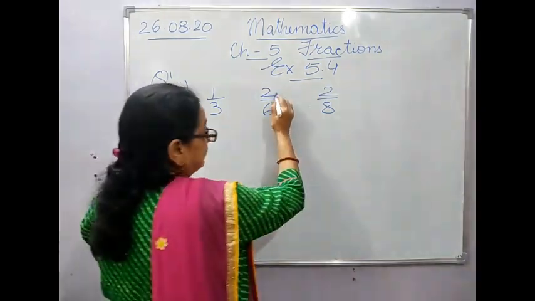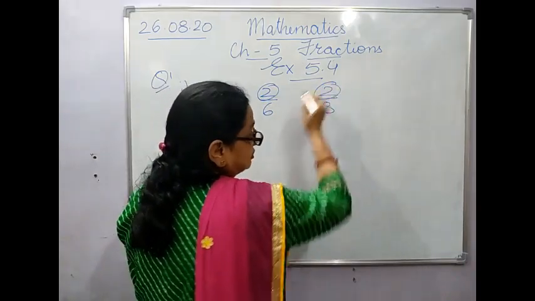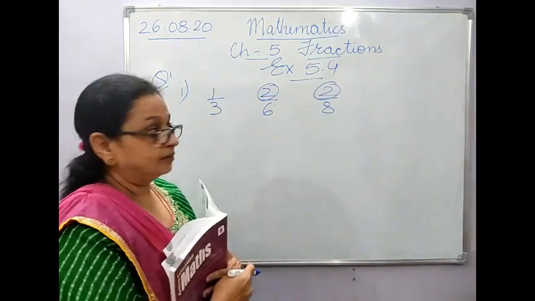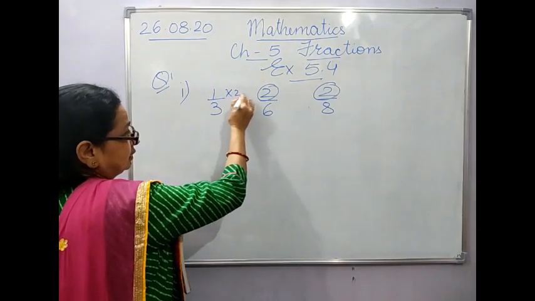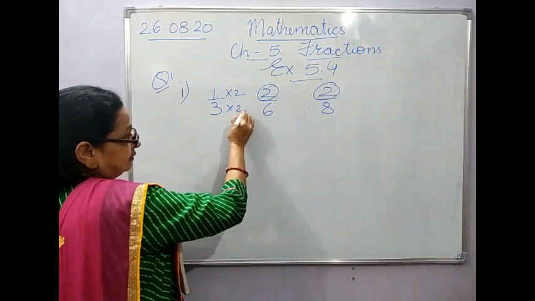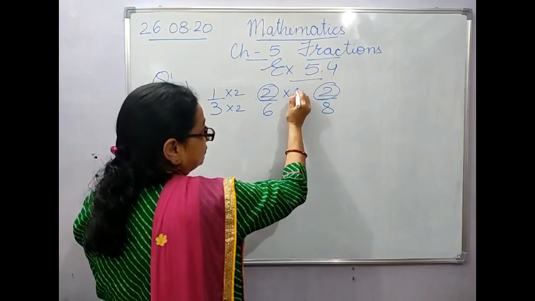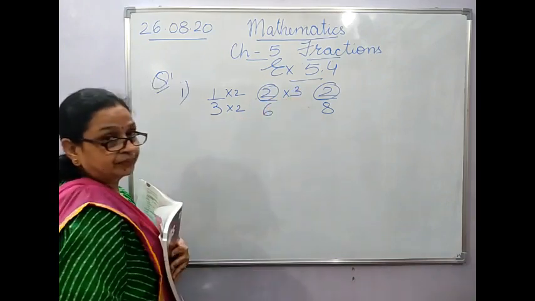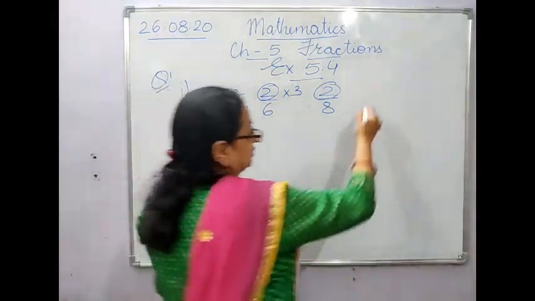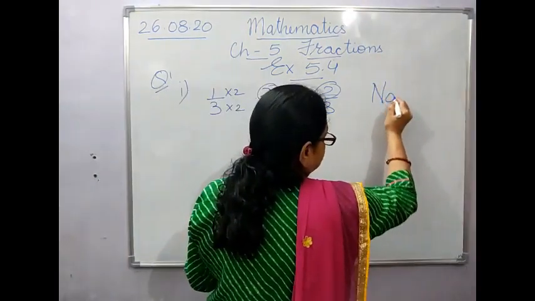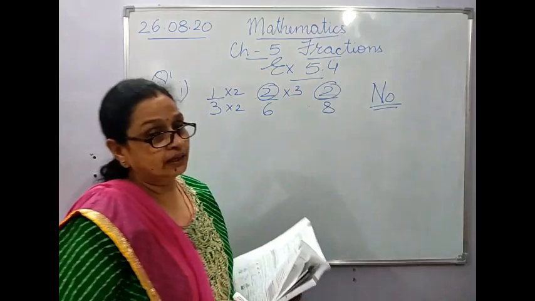No, because it is 2 here and it is 2 here. If we would have multiplied this by 2, then it should have been multiplied by 3 as well. So this is not equivalent, so you will write down no as your answer.